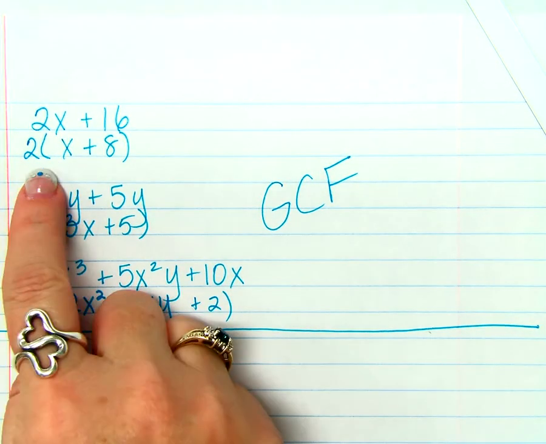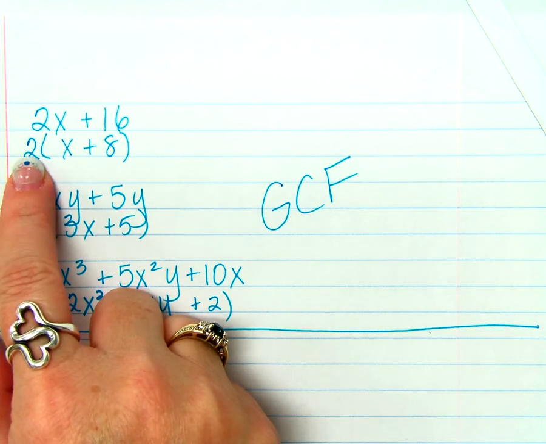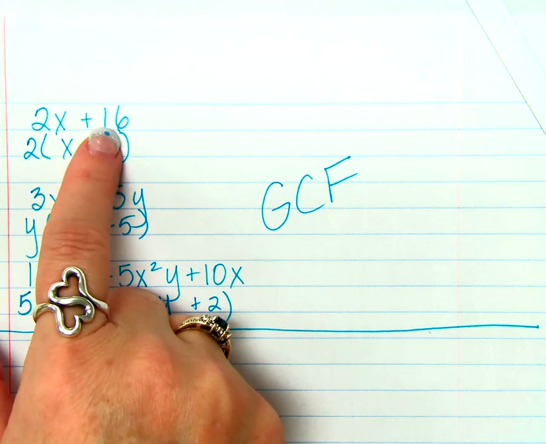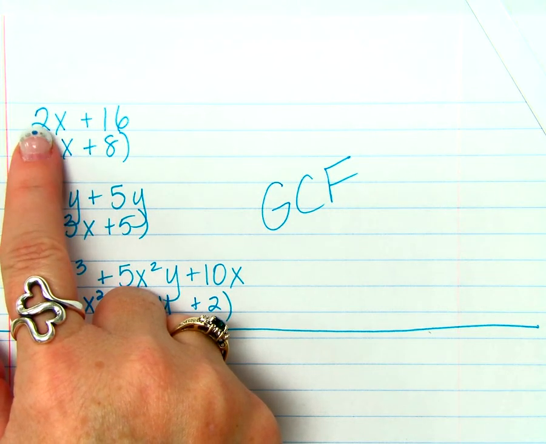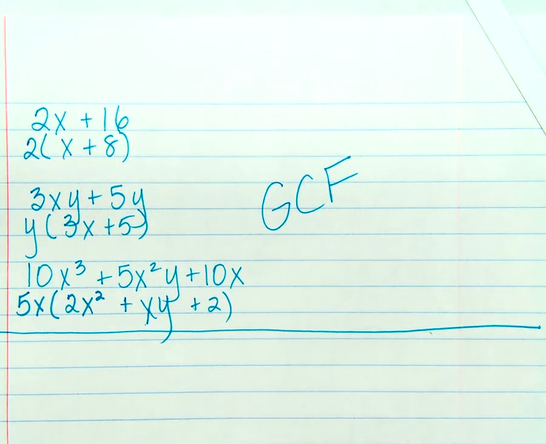The greatest common factor between 2 and 16 was 2. It's the greatest number that will divide evenly into both of these numbers. And in fact, that has to be at most as big as the smallest number, doesn't it? So just be careful with that. Okay?